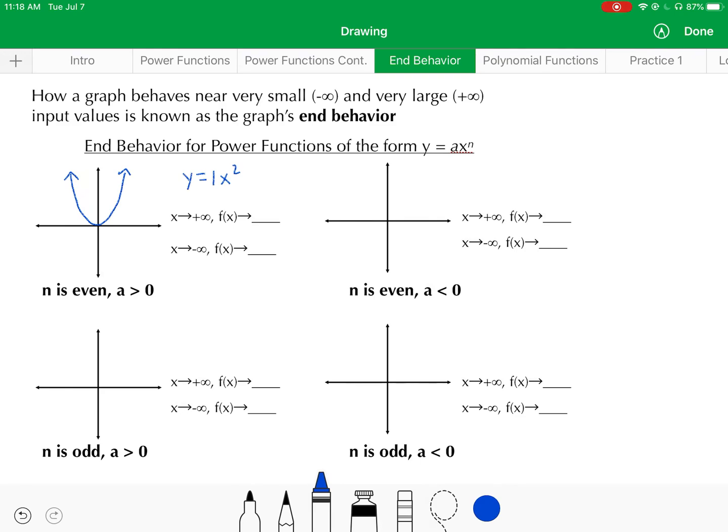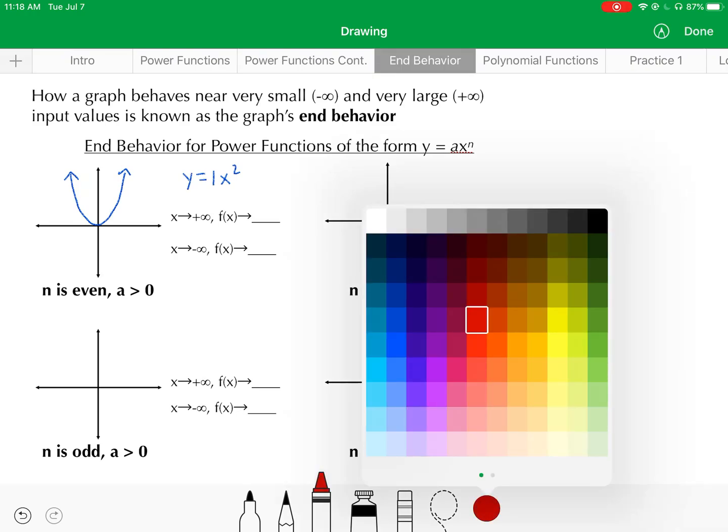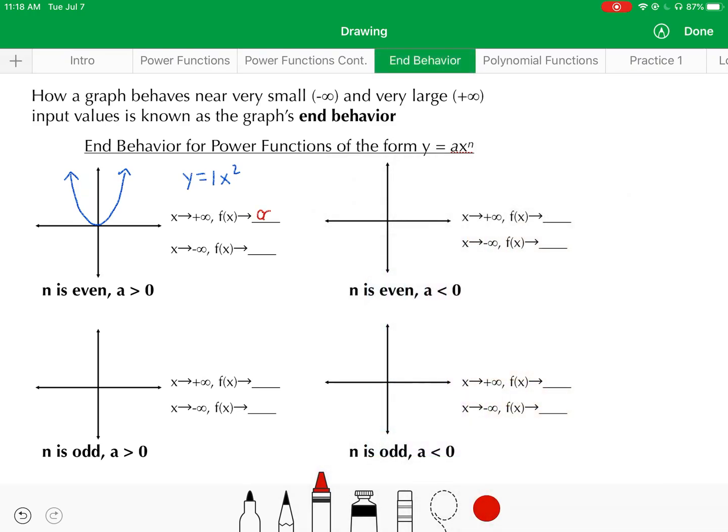So for that function, if I put in infinitely large values for x, very large numbers for x, after I raise them to the power that's even, they're going to stay positive values. They're going to be infinitely large as well. So I would say that f of x is approaching positive infinity.